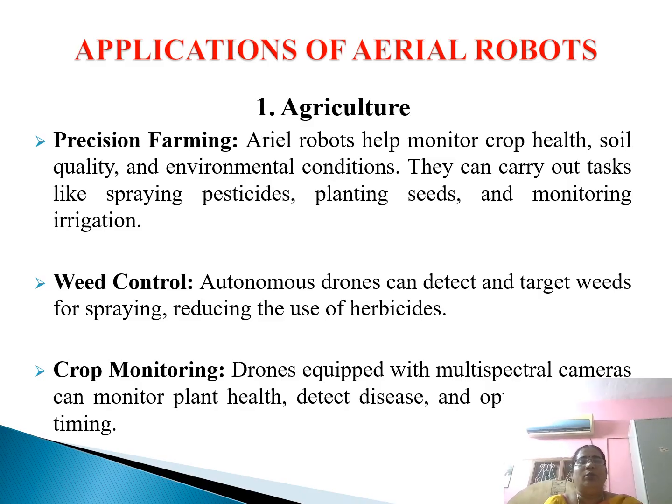They can carry out tasks like spraying pesticides, planting seeds, and monitoring irrigation. Weed control: autonomous drones can detect and target weeds for spraying, reducing the use of herbicides. Crop monitoring: drones equipped with multispectral cameras can monitor plant health, detect disease, and optimize harvest timing.